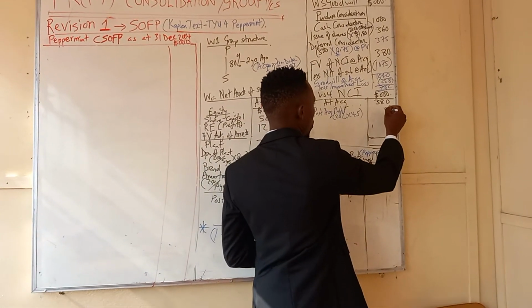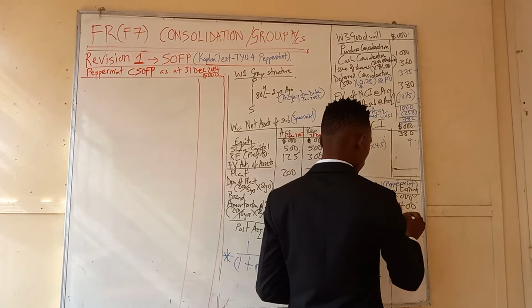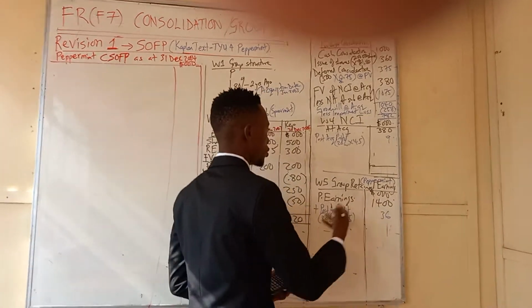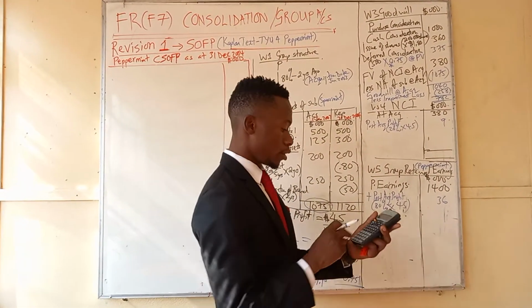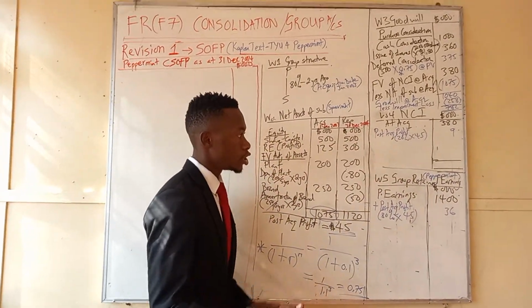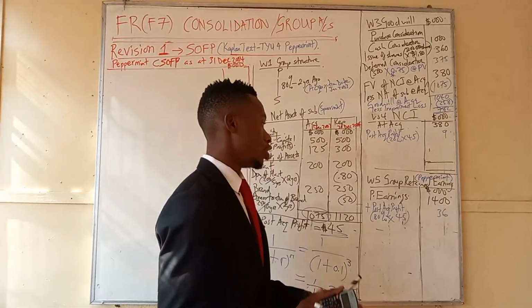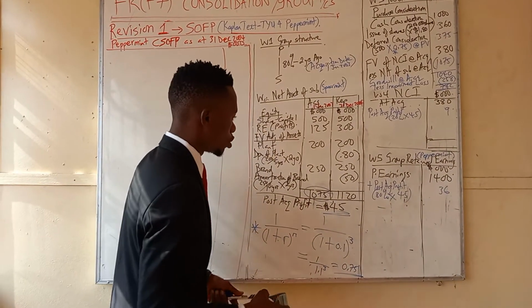So this will be 9, and this will be 36. It's always wise to confirm: if you say 9 plus 36, you must get 45. This helps you to ensure that you've not made any mistake. So we share the profit.